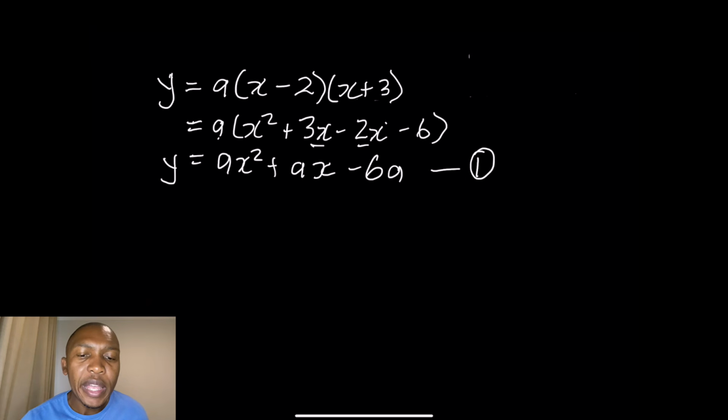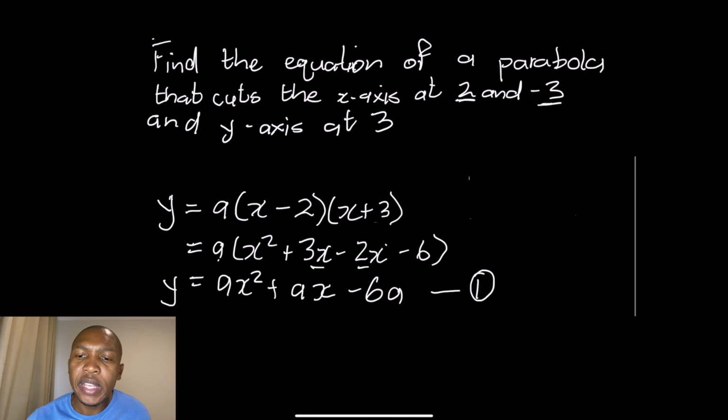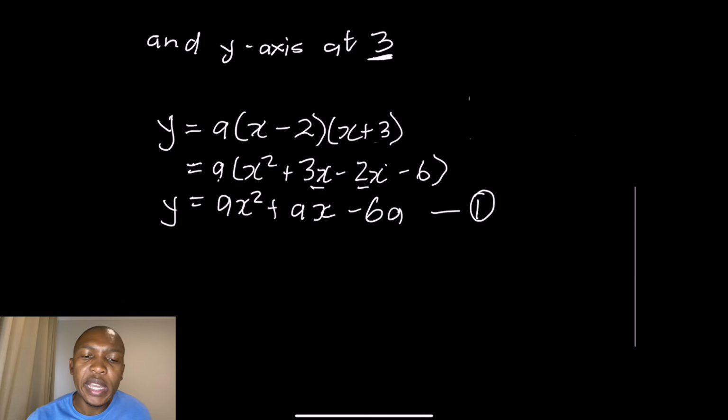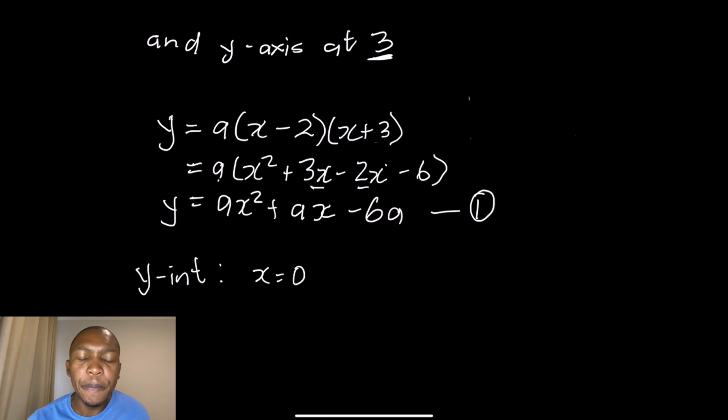So now, what else are we given? We were given the fact that it cuts through the y-axis at 3. Now remember what happens at the y-axis. We know that at the y-intercept, this is where x is equal to 0. So in this case, I can actually substitute the point 0 and 3, okay?